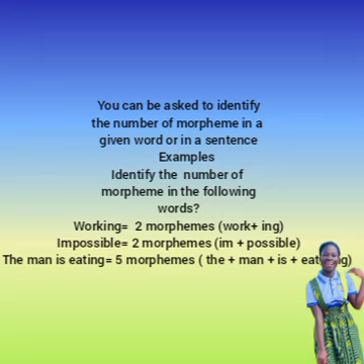It is also having two morphemes. That is im plus possible. The man is eating. It is having five morphemes. The is one, man, making it two, is three, eat, four, and the ing, making it what? Five.